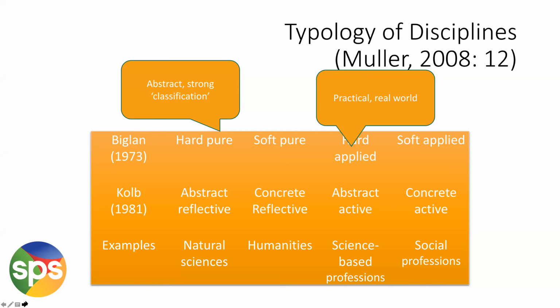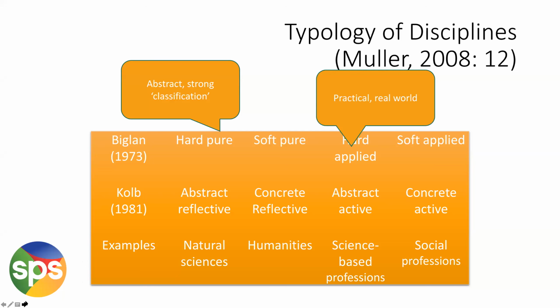And so using this distinction between hard and soft and pure and applied, we end up with four large groupings of disciplines or fields. We get the natural sciences like physics, chemistry, mathematics, geology. We get the humanities such as philosophy, English literature.